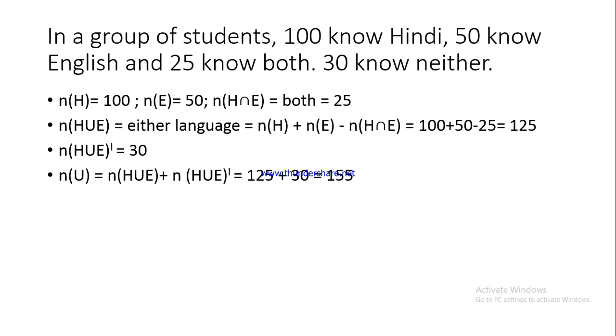So you have to be very careful about this. And second, you have to be careful about the word either. Either would mean at least one. So either language means at least in one language out of Hindi or English, which means either only Hindi, or only English, or both Hindi as well as English. So these two things you have to be very, very careful about.